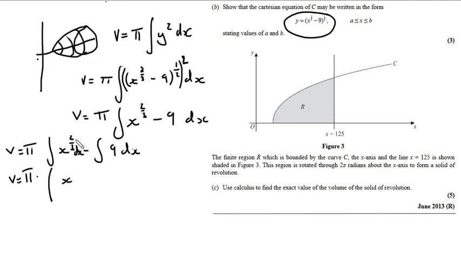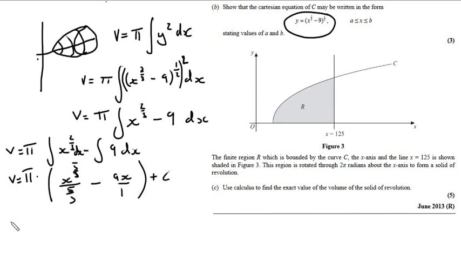x to the power of, add 1, so 5/3, and then divide by the new power, 5/3, minus 9x to the power of 1/1, plus some constant.